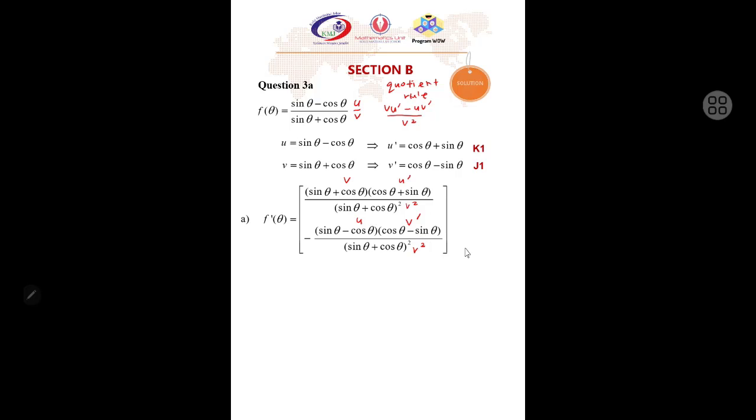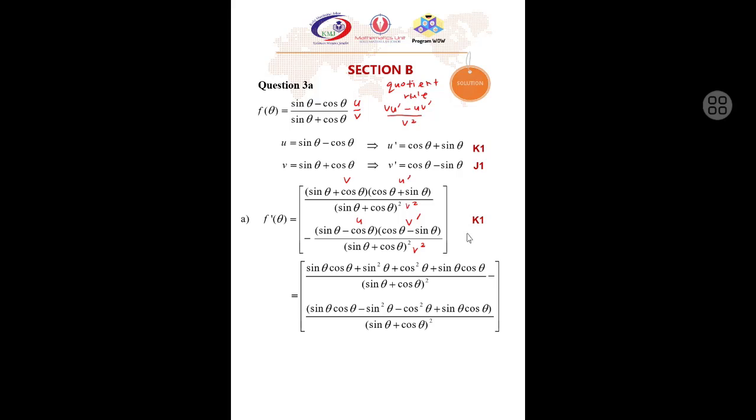Alright, and then K1 for substitute into the formula, and then another K1, you expand the bracket here. So expand one by one. So multiply one by one, you will get this function below: sine theta cos theta plus sine square plus cos square plus cos times sine.